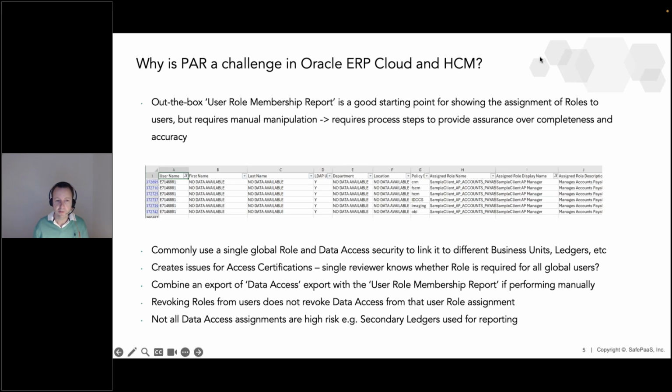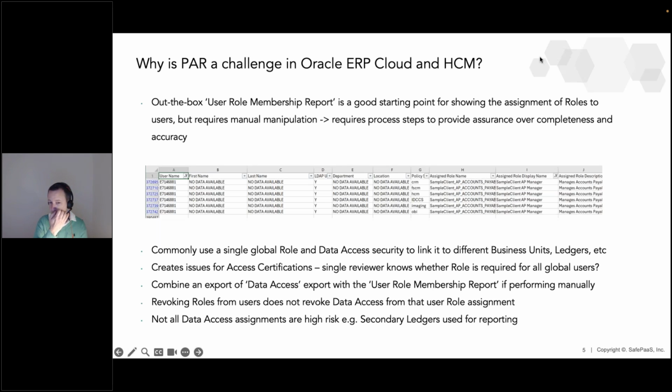Equally, not all data access assignments are high risk, particularly for reporting. Quite often our clients use secondary ledgers for reporting, where they'll have a primary ledger and a functional currency of the local, might be GBP, but if they're part of a group that has to report in USD, for example, they might have a secondary ledger for translating their balances into USD.